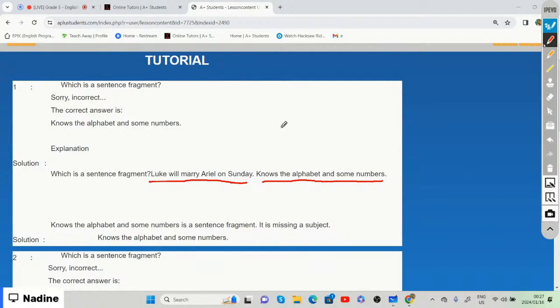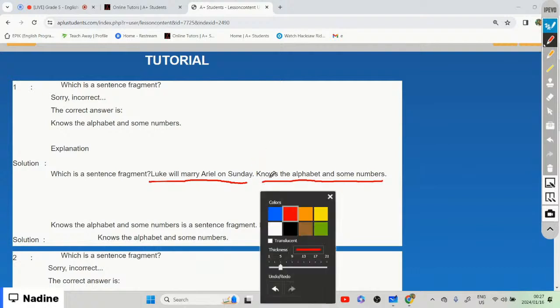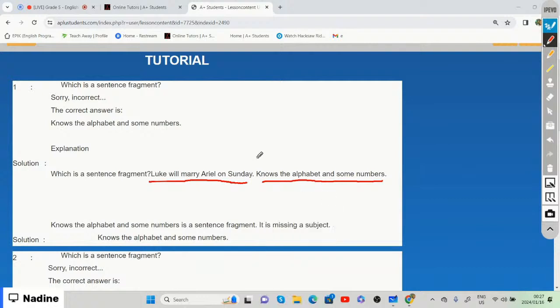So which means if we choose between these two sentences, Luke will marry Ariel on Sunday, or knows the alphabet and some numbers, then we're going to say our sentence fragment is knows the alphabet and some numbers.